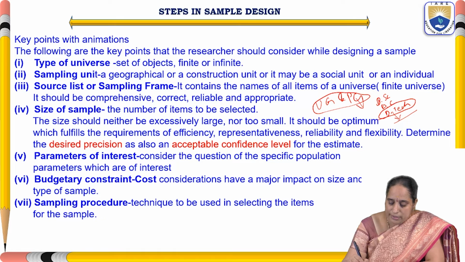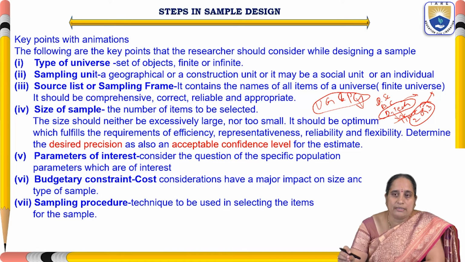If I decide on a few of the colleges nearest to my institute, I'll consider two or three colleges, and from those I will select randomly some of the students for the study. That is known as random sampling, and I am very clear about what to do, how to do it, and whom to select as my sample units.